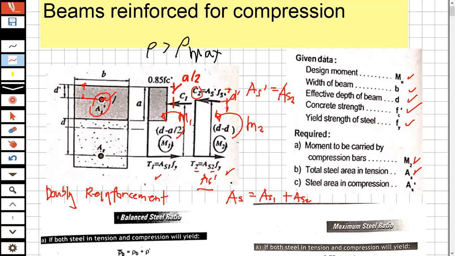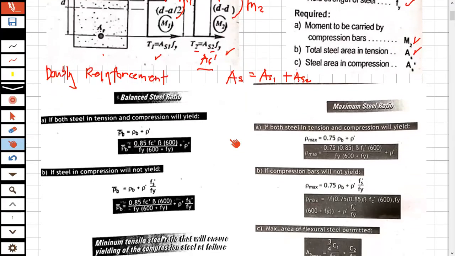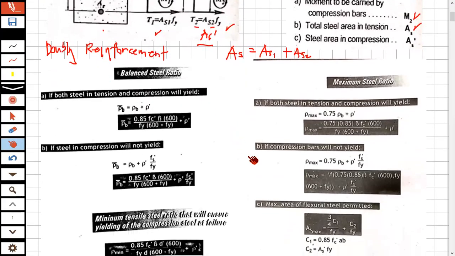Okay? So some formula that we have to remember, memorize. You have here the balanced steel ratio or rho b, which is our reference for our maximum value of steel ratio when both the steel in tension and compression will yield.